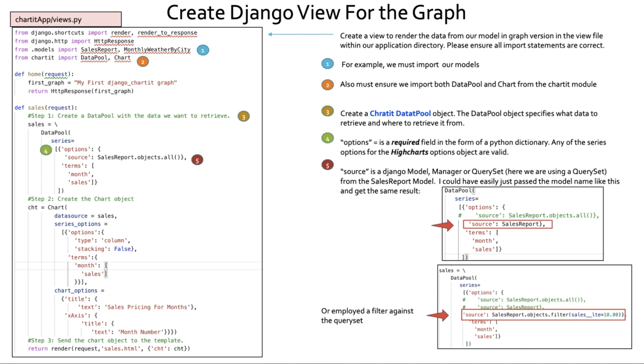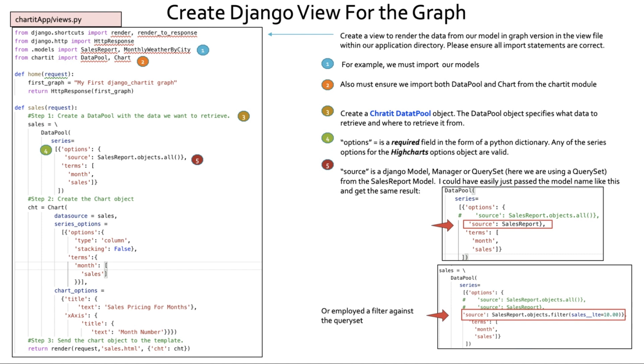Any of the series options from the Highchart options object are valid. And we'll get into some more of those as we go, but all of that information is up on the Highchart site. It's a little confusing to understand because, again, it's written in JavaScript, and here we have it modified for Python code, right, in our Django view. So the source is a Django model, manager, or queryset.